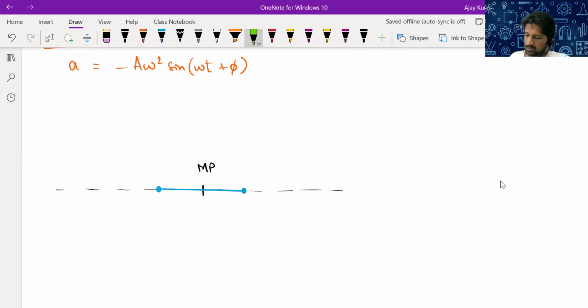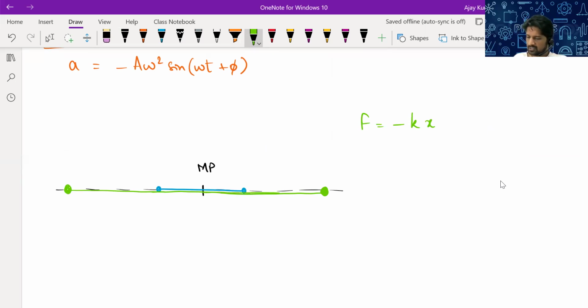Now consider another particle oscillating under the same force law, same mass. Let's say it is doing much larger oscillations. The equation of force is the same: F is equal to minus kx. The magnitude of force definitely depends on the displacement from the mean position.